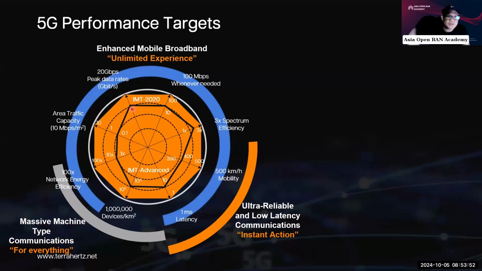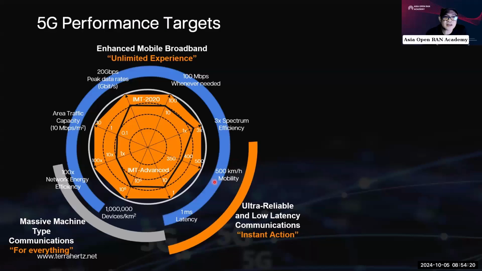Now for 5G, the peak data rate target is 20 gigabits per second, equivalent to almost 20,000 Mbps. The user experienced data rate is 100 Mbps. Spectrum efficiency is 3 times that of LTE.